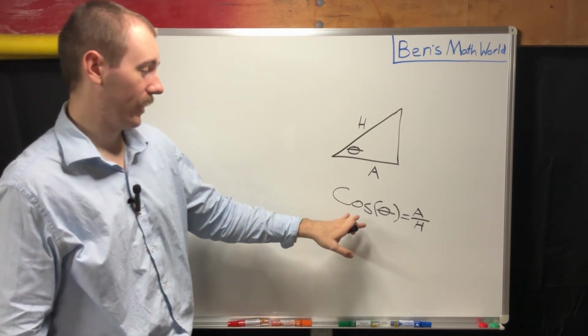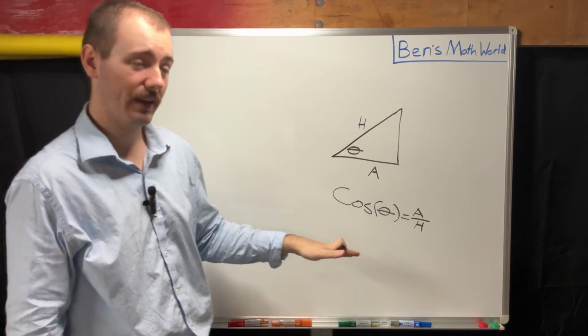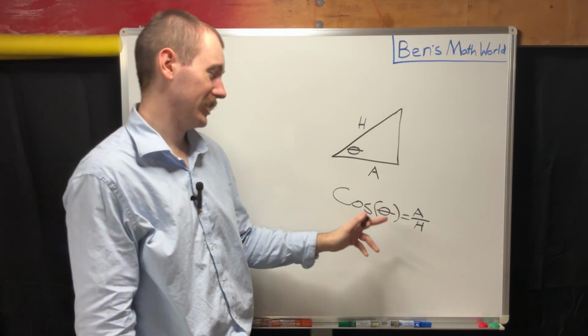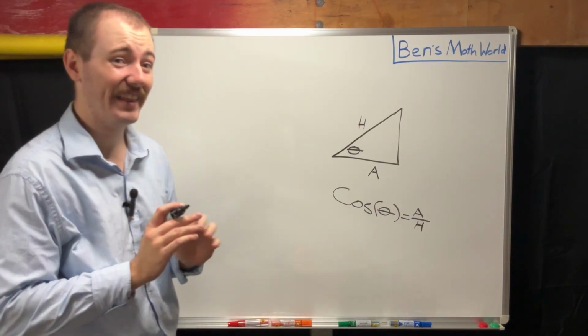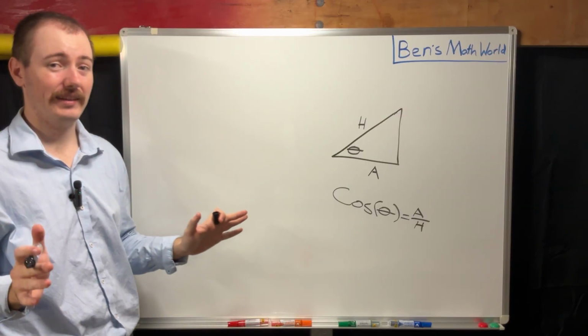Now, the differences are that instead of sine, we have cos, and instead of the O over H, we now have A over H, so adjacent over hypotenuse. And that's the only difference. So all of these questions are going to be solved the exact same way now.